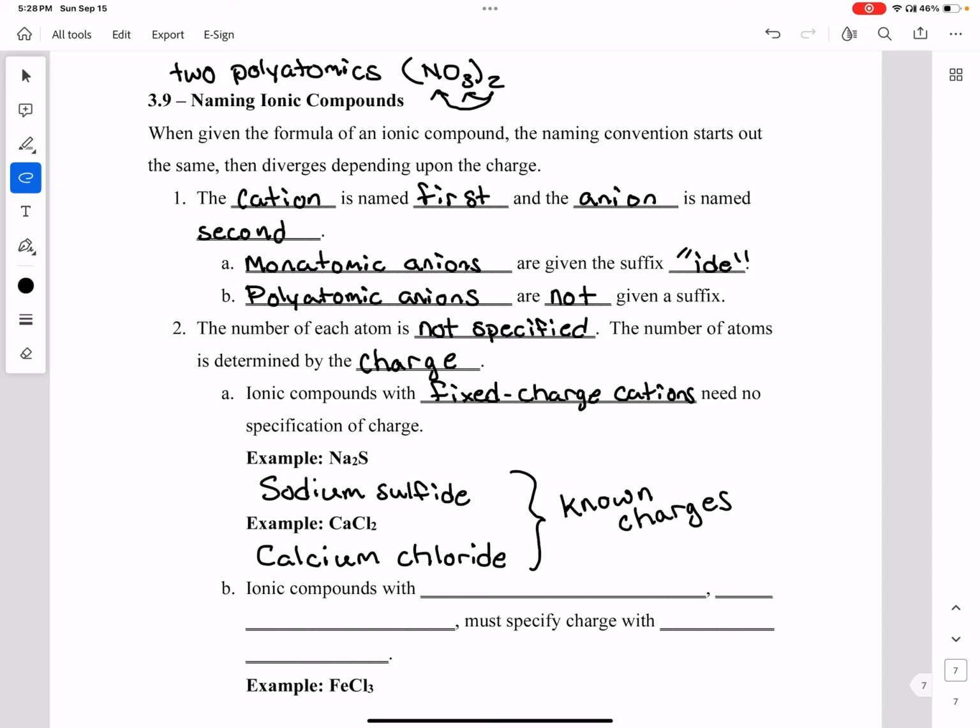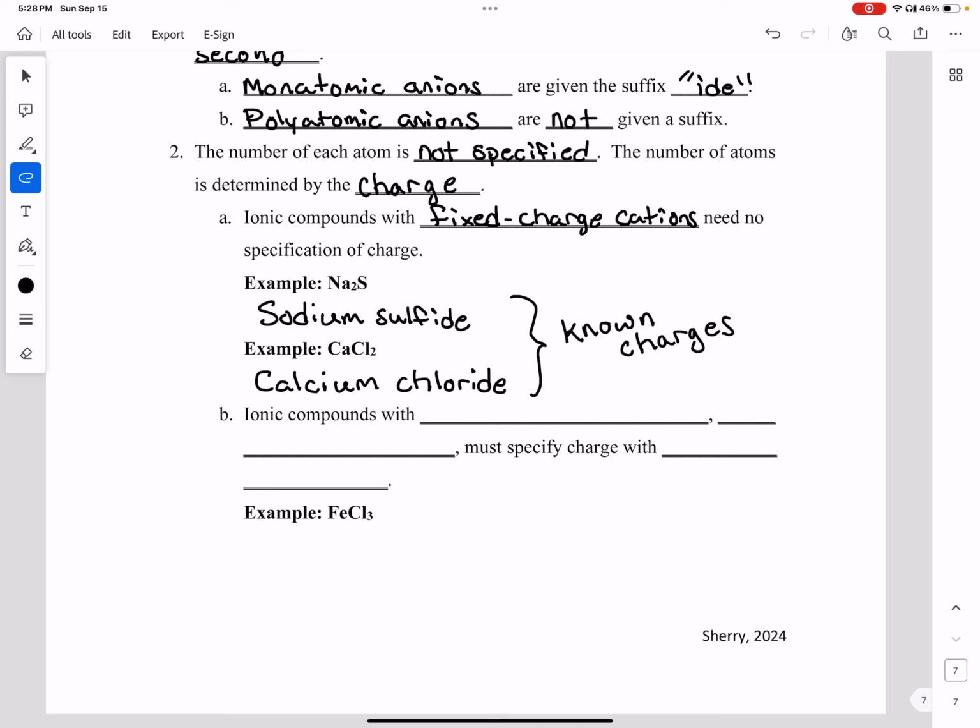The second option, of course, is ionic compounds with variable charge cations. These are the transition metals, these problem children. Just like when we name the ions themselves, within an ionic compound we are going to use the Roman numerals.